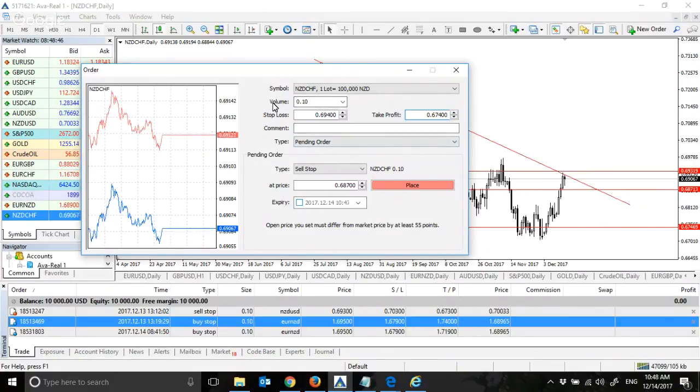And of course, the volume is the amount that I'm willing to take here, and the risk that I'm going to take is derived from my position size. We are not using any leverage in each position we take in the market, in order to be on the safe side.